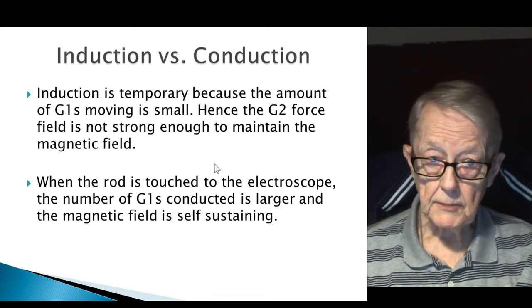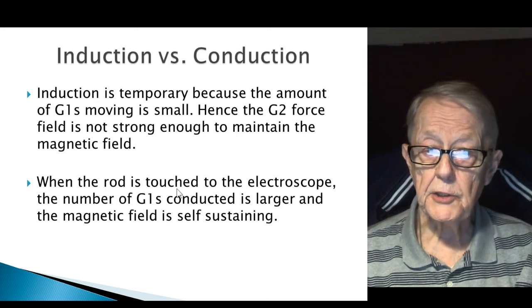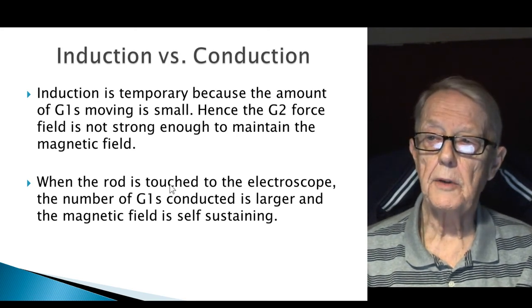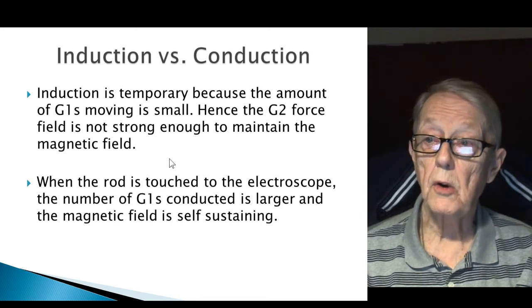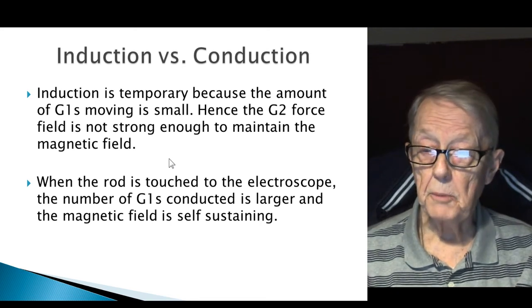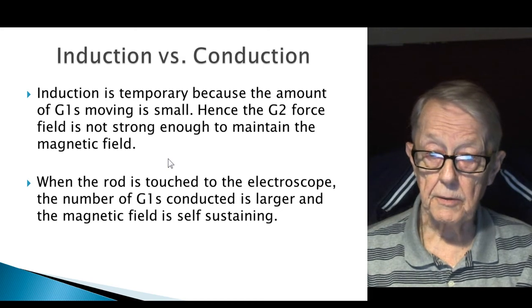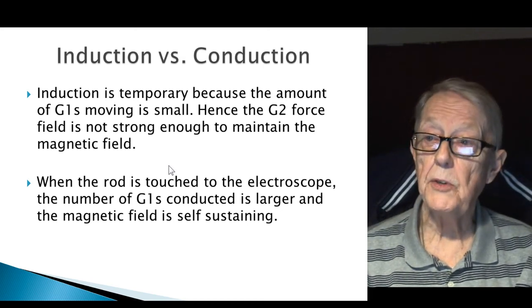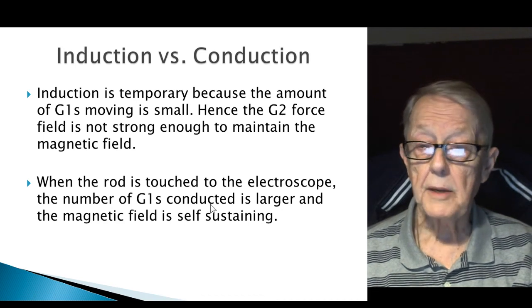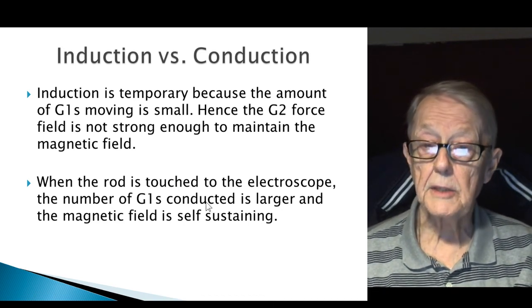But in conduction, you touch the rod to the electroscope, and when you touch it, you get a much stronger flow of G1 particles through the electroscope, establishing a stronger magnetic field, such that when you take it away, the magnetic field is still there, it's maintained.